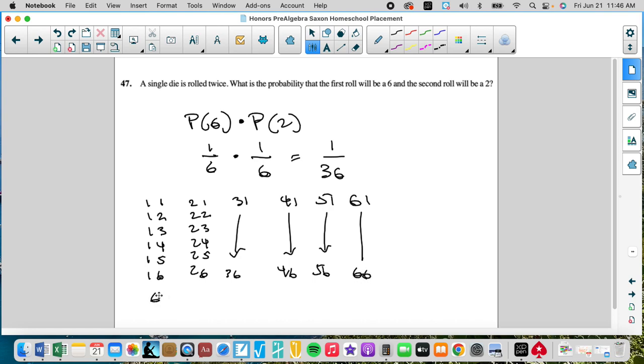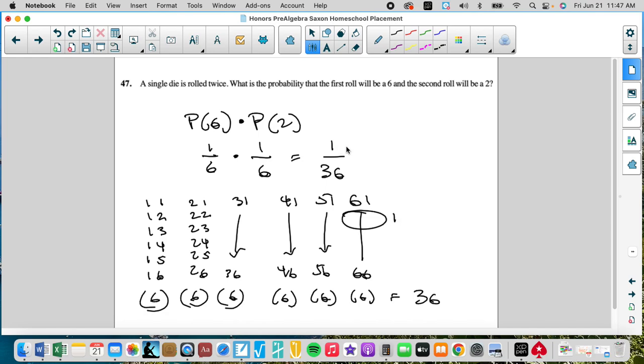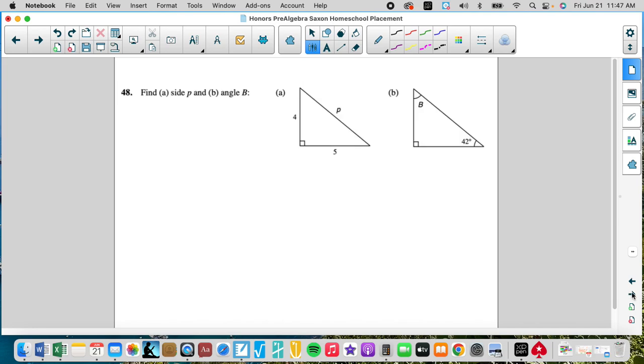There would be 6 possible here, 6 possible here, 6 possible here, which gives me a total of 36 combinations. And how many combinations are 6, 2? Well, the 6, 2 is right here. There's only one of them. So that's why we have 1 out of 36 possible combinations. So that would be the probability, 1/36. Love probabilities.